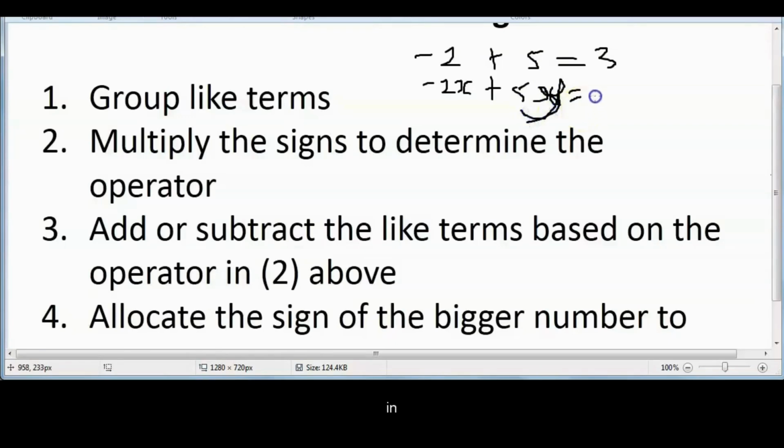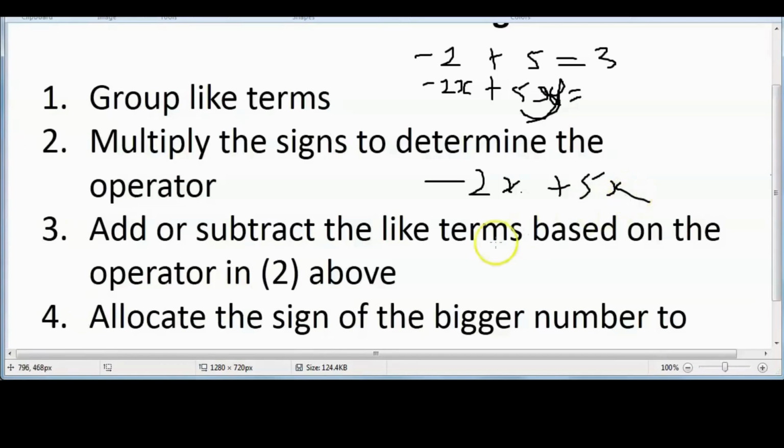In algebra, this is not solvable. Why? Because 2x and 5y are not like terms. Okay, suppose we have minus 2x plus 5x. 2x and 5x are like terms, so this expression is solvable.